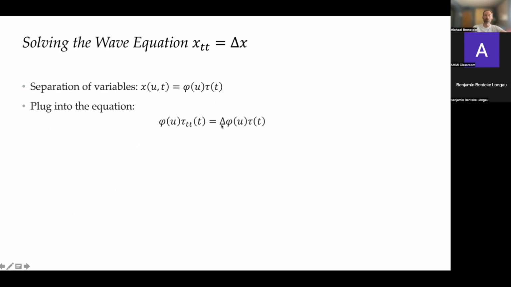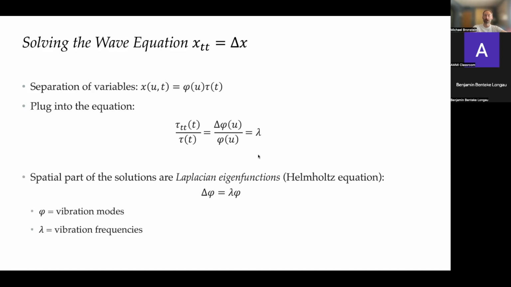If I plug it into the equation, this is what I get. I can rearrange it, and I get the ratio of the derivative of tau over tau and the ratio of the derivative of phi over phi. This must be equal for every t and u, so it means that it's constant, and let's call this constant lambda.